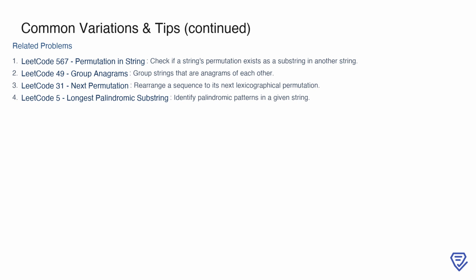Another related problem is LeetCode 31, Next Permutation, which teaches you to rearrange a sequence into its next lexicographical order, a skill that can be useful in understanding permutations and swaps. Finally, LeetCode 5, Longest Palindromic Substring, challenges you to identify palindromic patterns, which requires attention to sequence structure and optimization. Studying these problems can deepen your understanding of string manipulation and help you recognize recurring techniques.